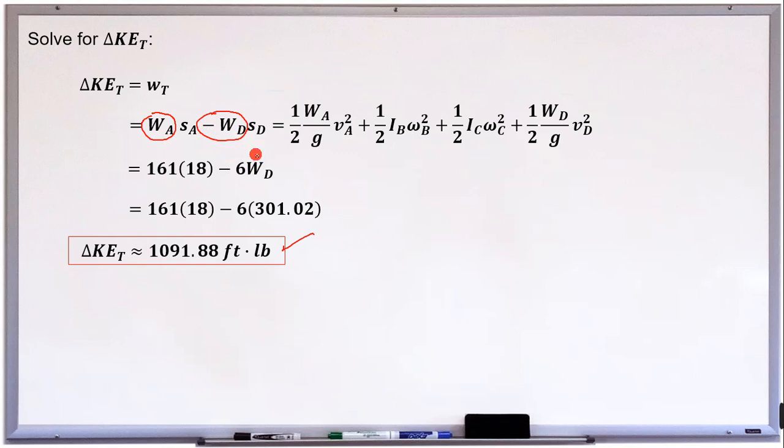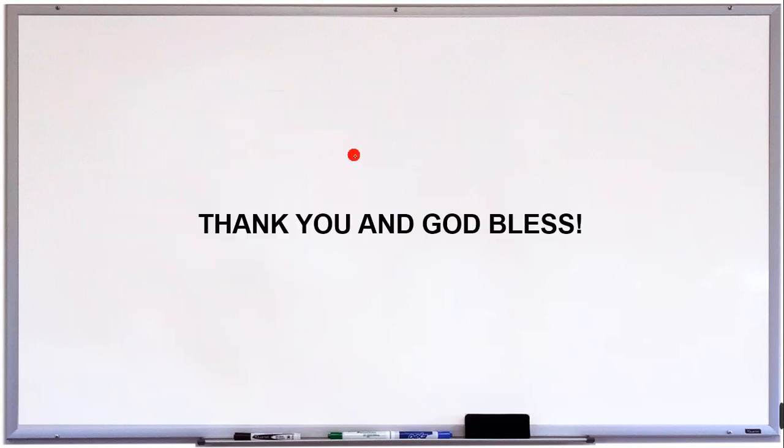Okay, so that's it for this video. I hope you learned something. Again, for the work and energy equation, this is another way of solving the parameters displacement, velocity, the weight, the mass moment of inertia of a given multi-body system under rotational and translational motions.